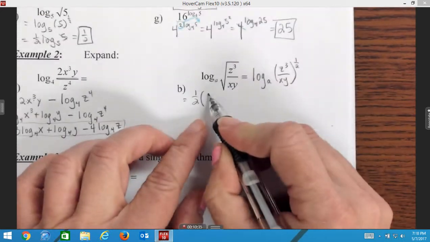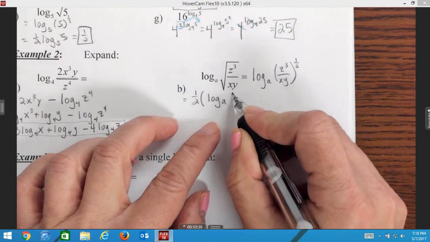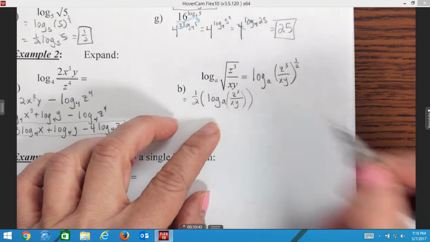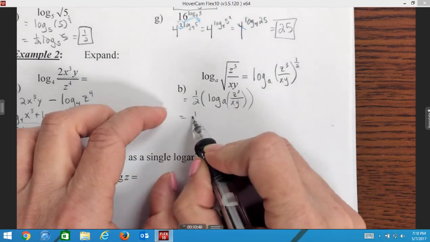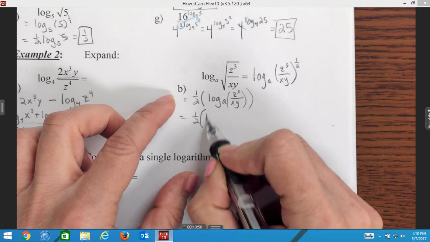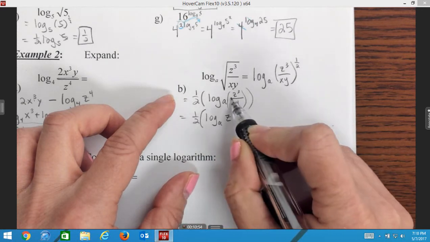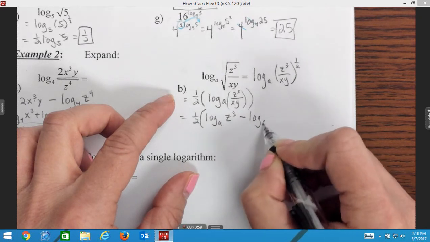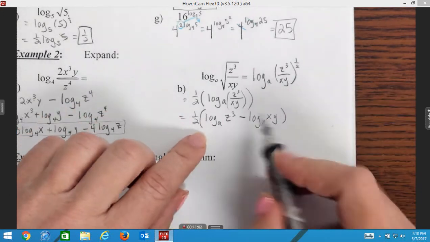And then after we put that in front, we have log base A of z cubed over xy. And then I'm going to expand the z cubed over xy, so now I'll have 1/2 log base A z cubed, and then since it's dividing, we're going to make it subtraction, log base A of xy. That half is on everything.